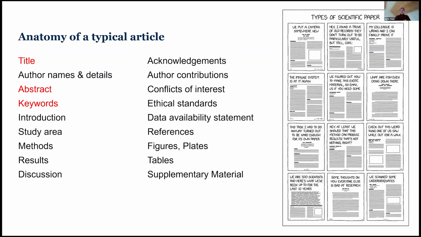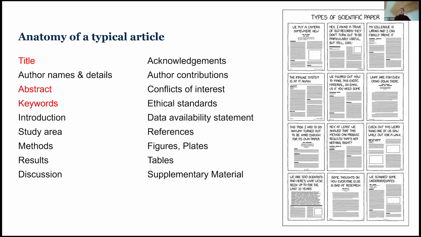For a standard article, on the left-hand side, you'll see there the main parts, and on the right-hand side, you'll see all the other little parts that most journals will probably require, including things like whether you've got any conflicts of interest, whether you've abided by the ethical standards that the journal requires, whether you're making your data available publicly. Those are all important details that you need to think about and include in your article.